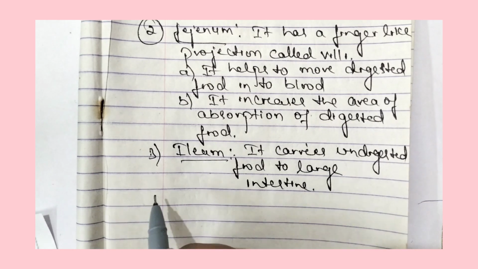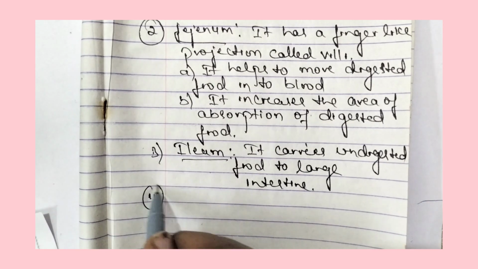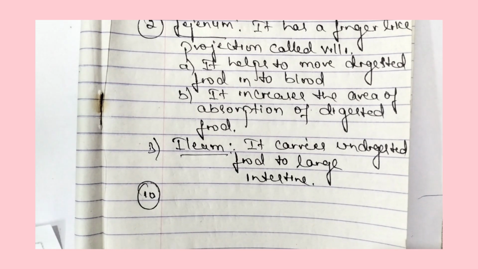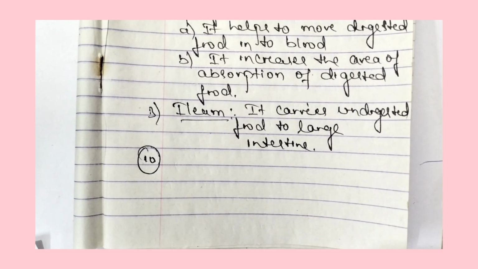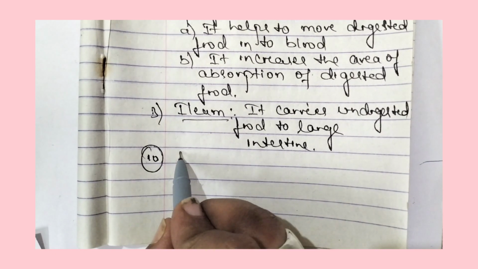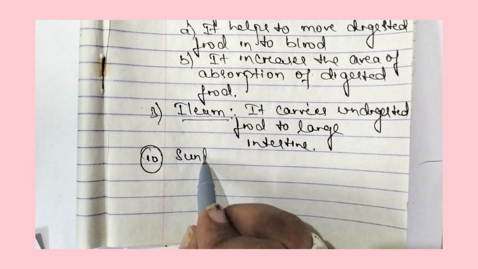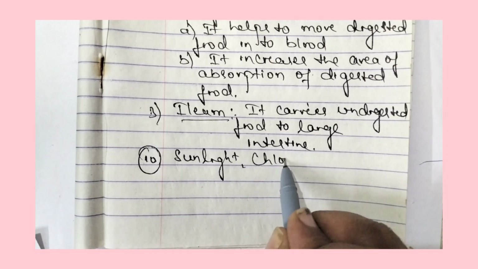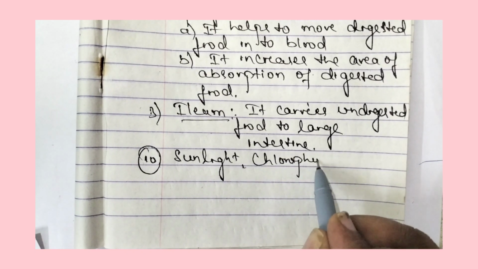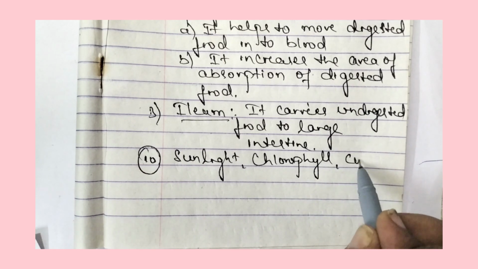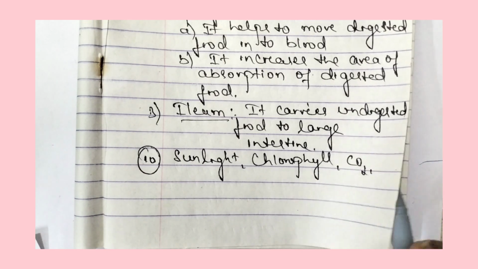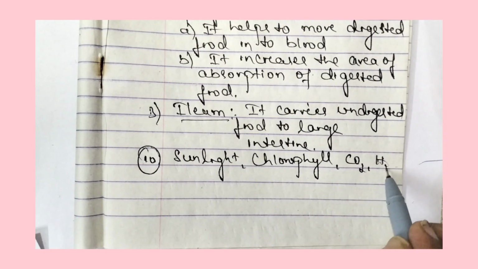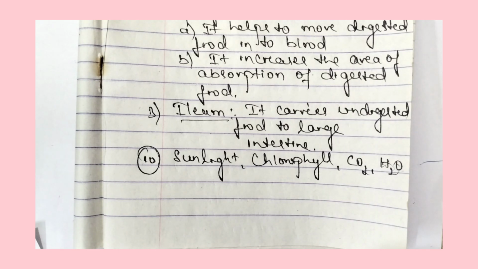First sub question: what are the factors essential for photosynthesis? For photosynthesis, sunlight is required, chlorophyll is required, then carbon dioxide is required, and along with the carbon dioxide, water and minerals are required.